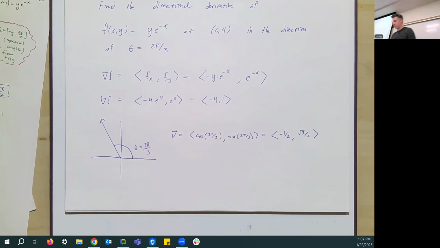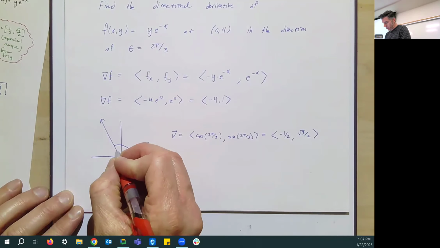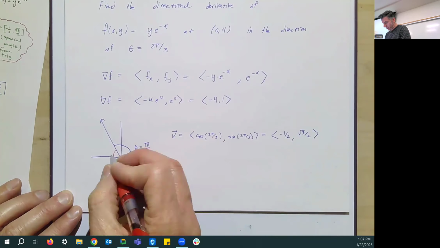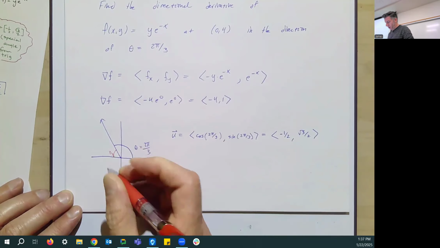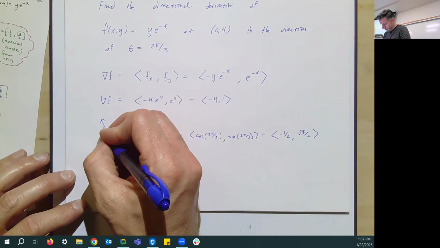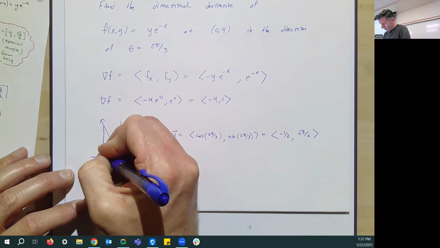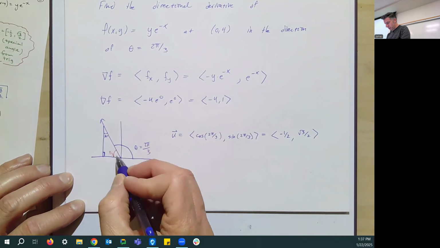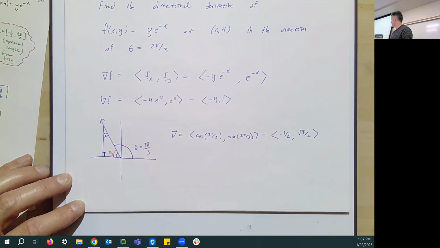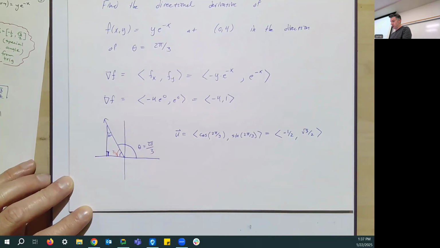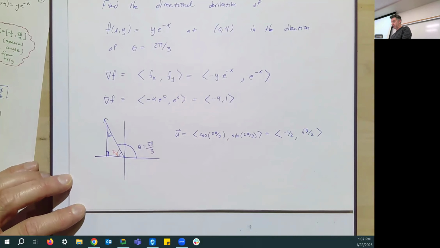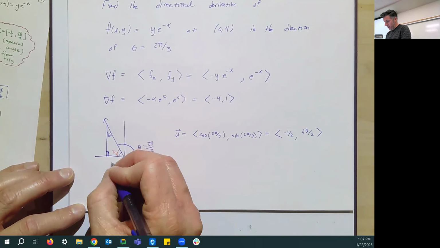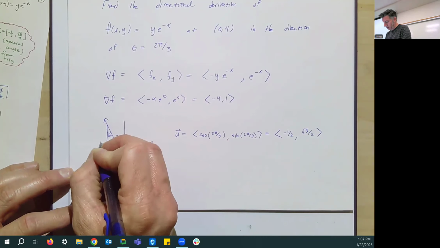Another way to see this, if you like, is that our reference angle here would be 60 degrees, or pi over 3. If we drop this perpendicular, we've got a 30, 60, 90 right triangle. I like to think of the sides as 1, 2, and root 3.